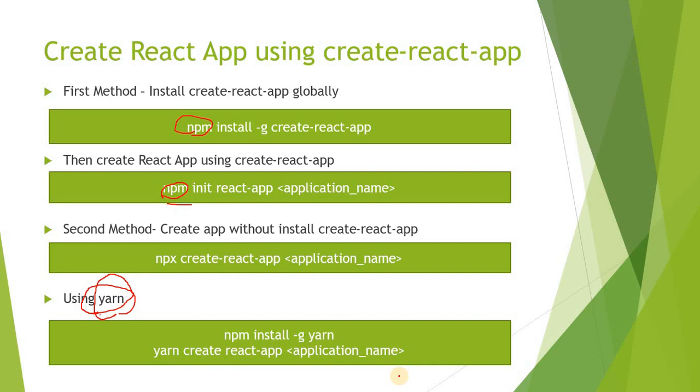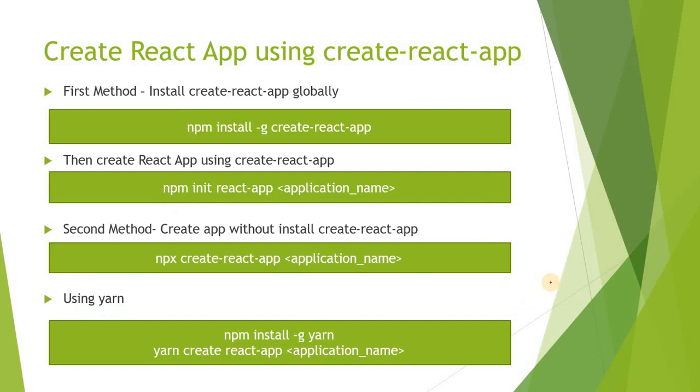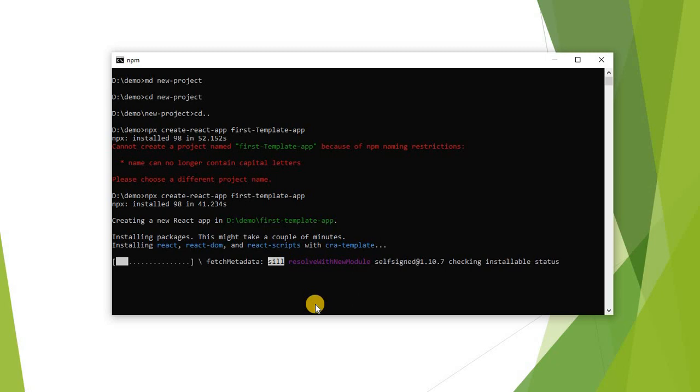If you want to use yarn, you can use this command. But we are using npm, so in the whole series we will use npm, not yarn. But this is an option you can use. It is taking time.